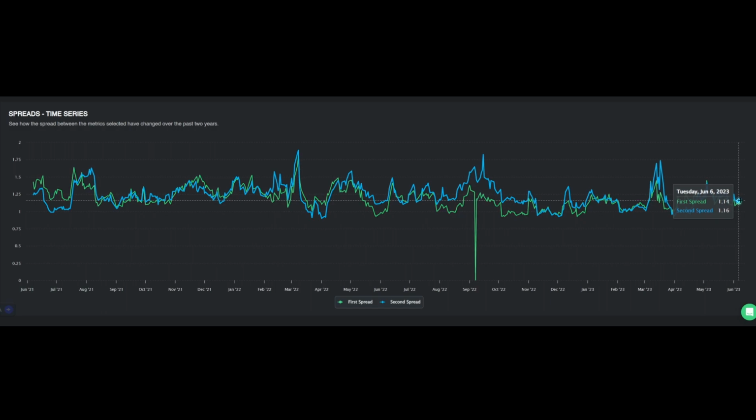Silver's premium is about 1.14 and gold is 1.16. So basically the same. There's nothing here that would give off alarm bells that maybe something special is happening to silver.